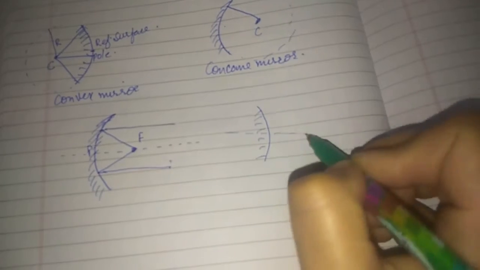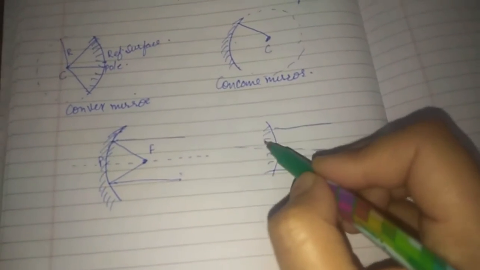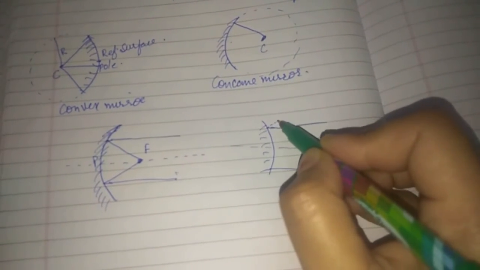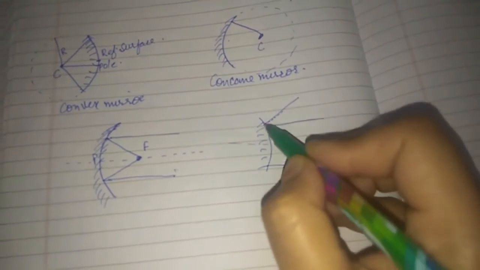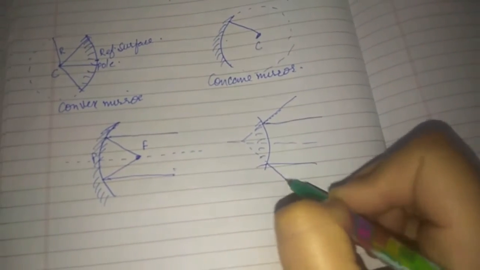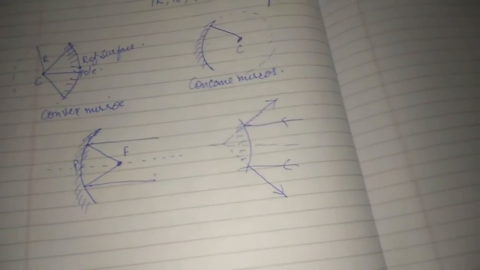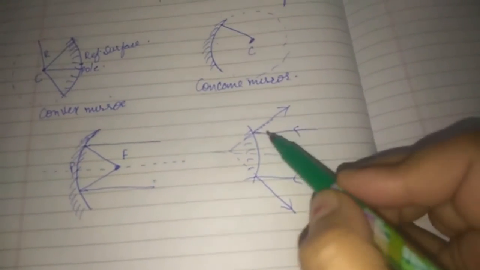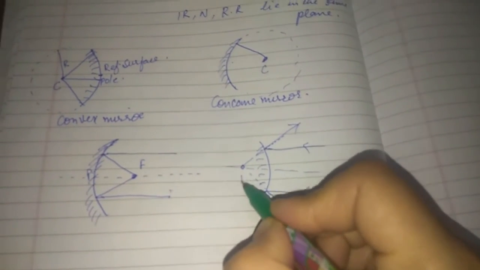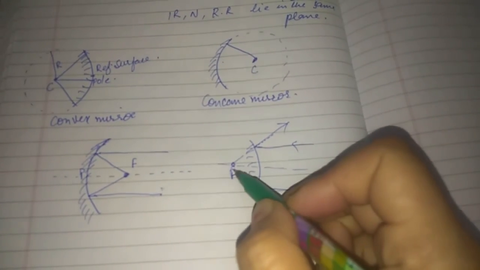And if this is a convex mirror, then these parallel lines will not converge because they are going to diverge in this direction. So you extend them in the backward direction. Here the rays are actually not going to meet, but when you extend them backward, you get one point where the two rays appear to meet.